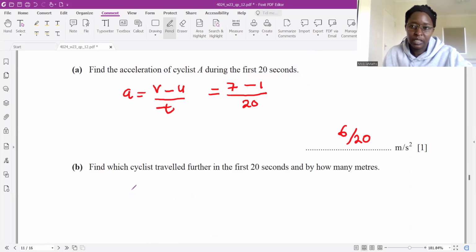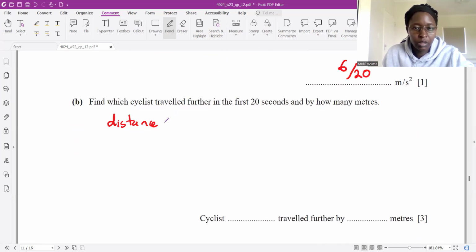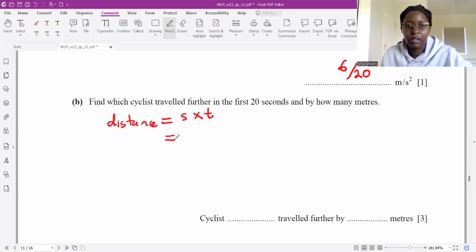To get your distance, distance is equal to speed times time.